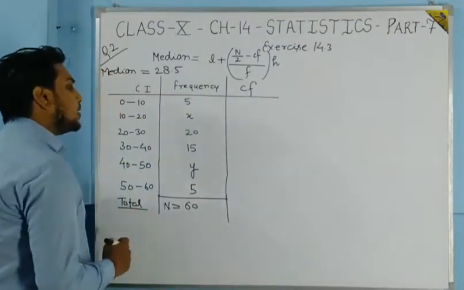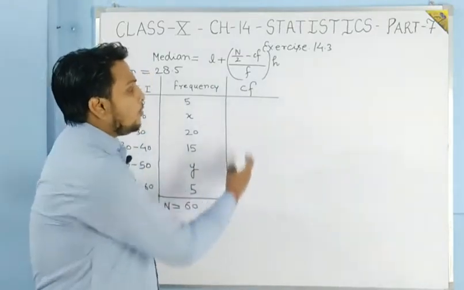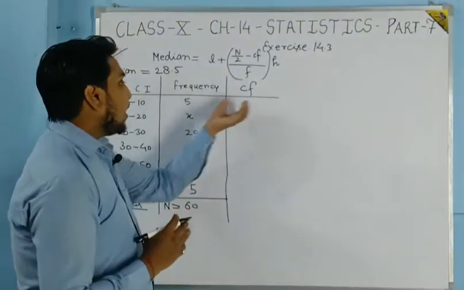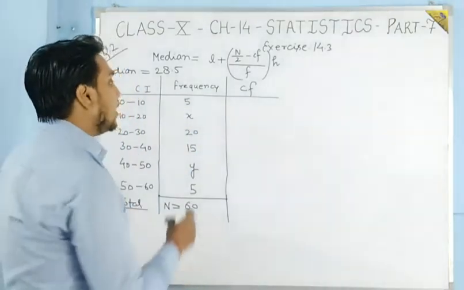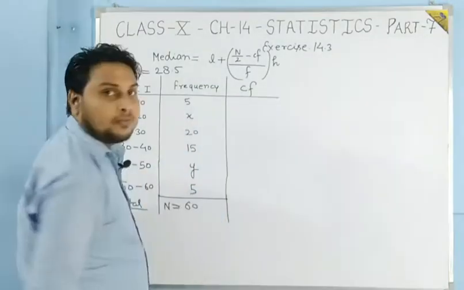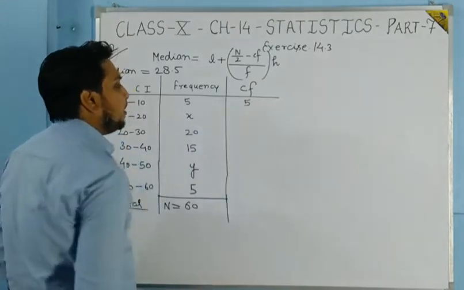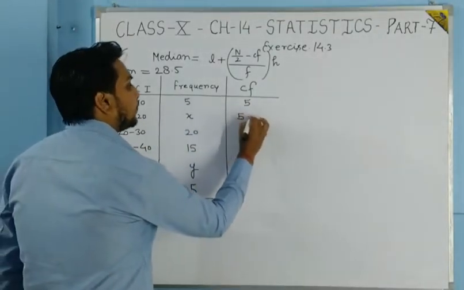What is cumulative frequency? In the column of cumulative frequency, we just add the next frequency and write it in this column. Like here, the first frequency is 5, so the first number will be 5. Then we will write 5 plus x.